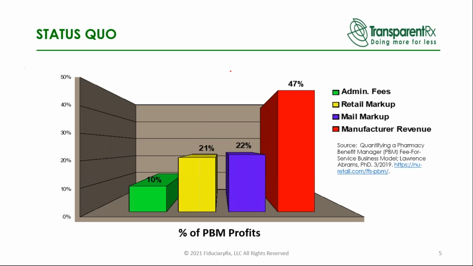So that leads me to the status quo. Plan sponsors enter into an agreement with a PBM that calls for an artificially too low admin fee. Hypothetically, an artificially too low admin fee is anything below, let's call it, $6 per paid claim.